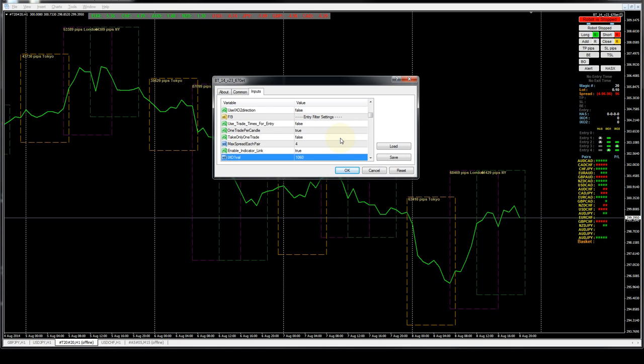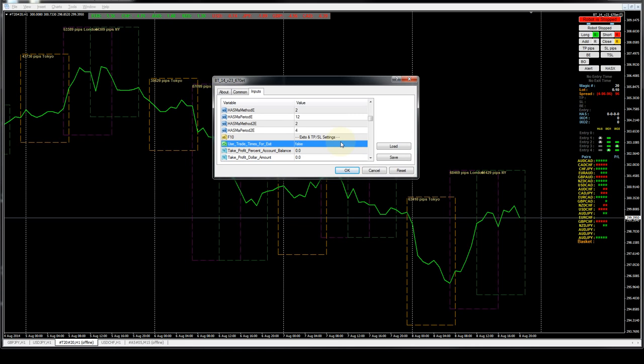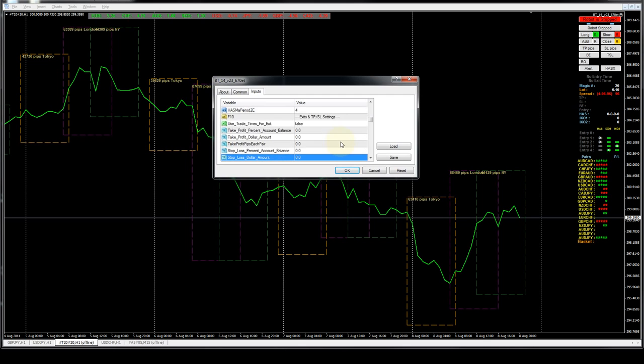Otherwise the rest of these are the same. And for exit, we have also added a use trade times for exit, and we'll talk about those in just a minute. Otherwise the rest of them are still the same.